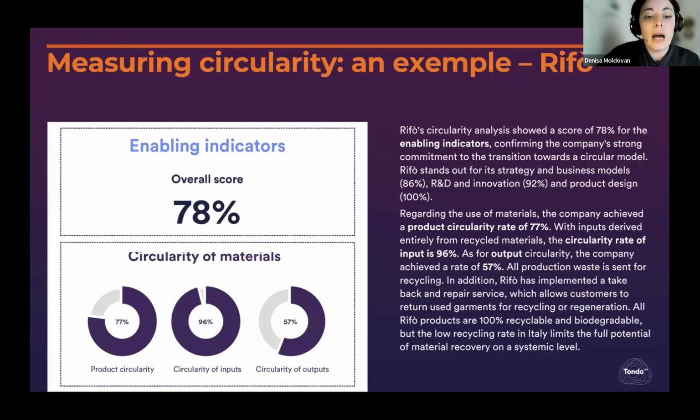That's the reason why the output circularity level is lower, even if the REFO products are recyclable and biodegradable. In conclusion, this case highlights how businesses can significantly enhance their circularity performance through innovative design, responsible sources, and efficient waste management.